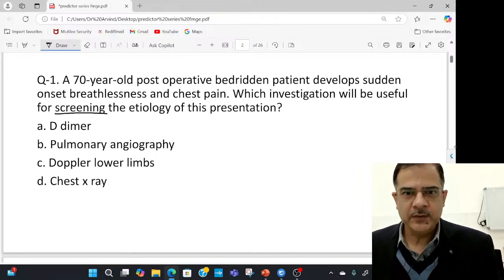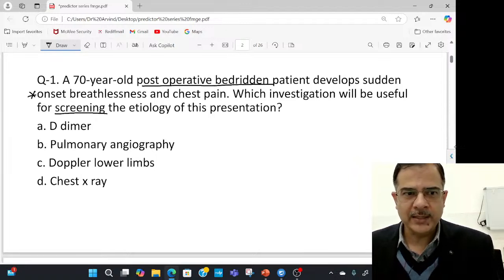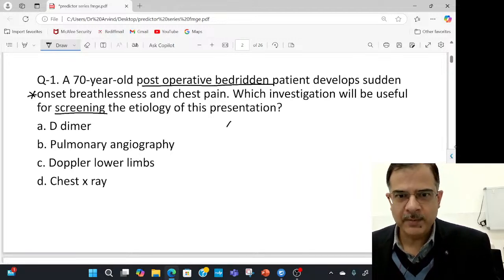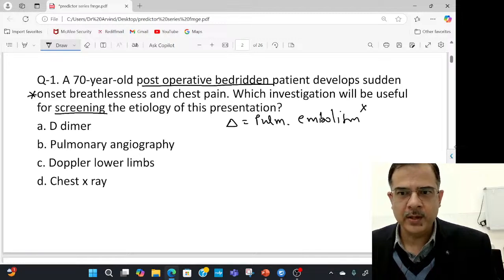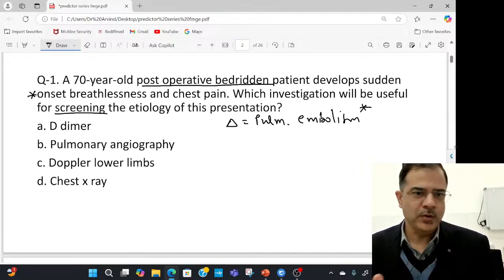So whenever these words are given to you, bedridden patient, post-operative patient, and sudden onset of breathlessness, in that condition, the most likely diagnosis will be pulmonary embolism. So this is a very, very important topic, a very frequently asked question, a last moment revision topic for all of you.